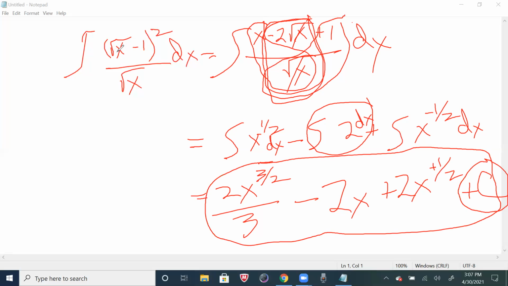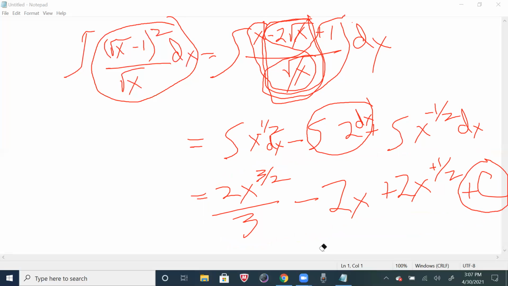If you were to differentiate it without the plus c, you would get what you started with. So these first 3 terms plus any constant at all will result in the derivative being that.